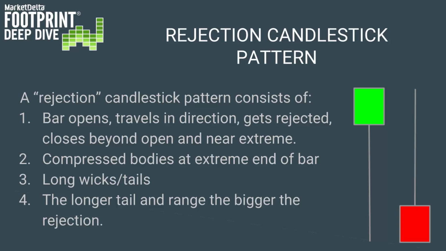So the wick should be 2 to 3 times the body or more. That tells us we've seen at least a temporary rejection of the move. And oftentimes it's the other time frame participant, the longer time frame trader, the institutional trader, that'll cause this type of pattern to occur.